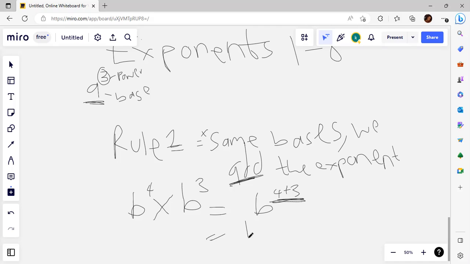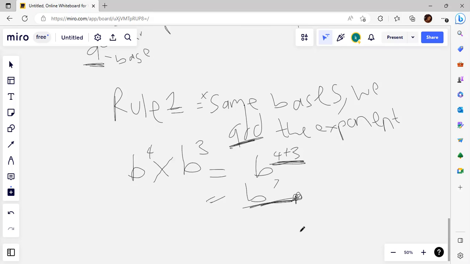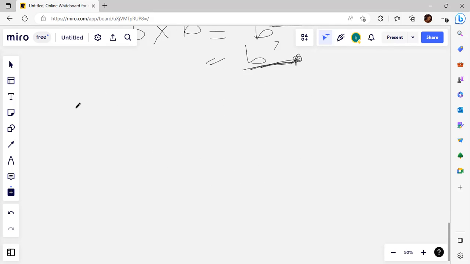Our answer will be b to the power of 7. Perfect. Did you get it correct? Now we are moving on to rule number 2.